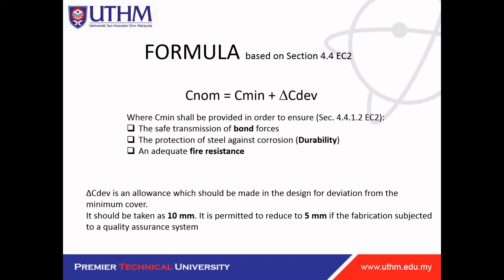The C deviation is an allowance which should be made in the design for deviations from the minimum cover. It should be taken as 10 millimeters and is permitted to reduce to 5 mm if the fabrication is subjected to a quality assurance system.